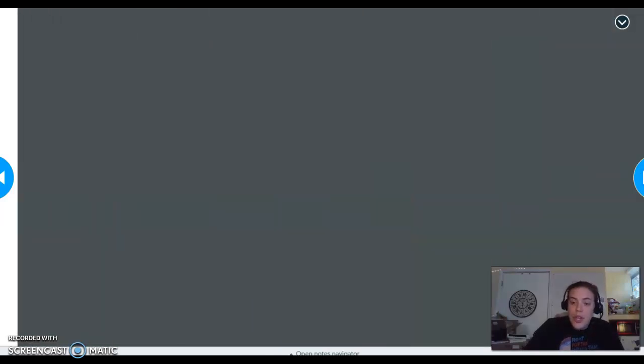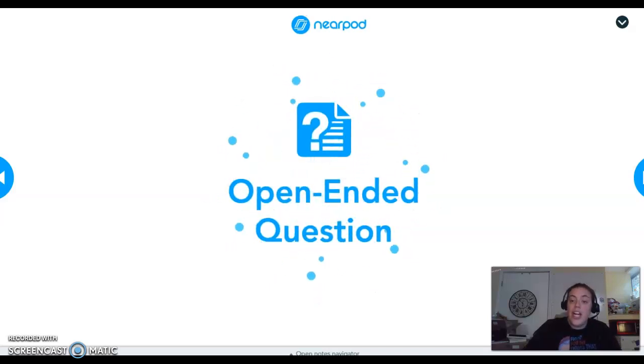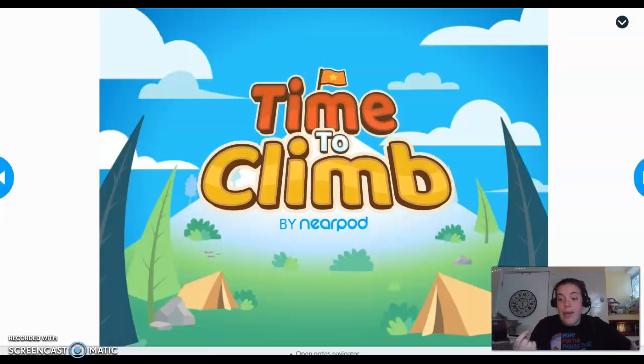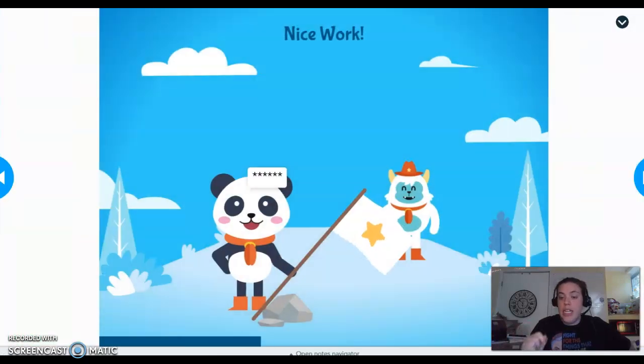Our examples for a unicellular organism are yeast and bacteria, and multicellular were plants and animals. I say bacteria and yeast; yeast is a positive, healthy bacteria, and we know there are good bacterias.